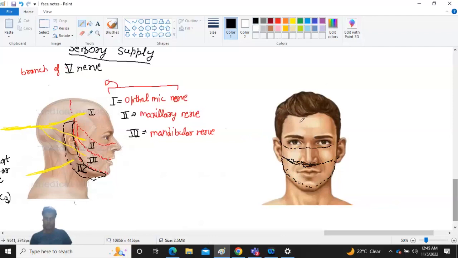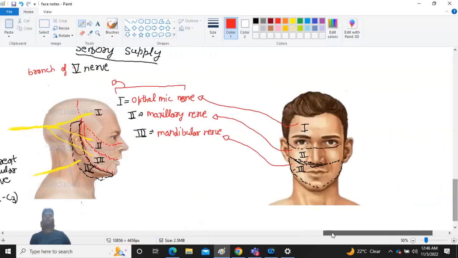So we can write 1, 2, and 3. So this is the sensory supply of the face. Sensation, touch, pressure, all these sensations are supplied.